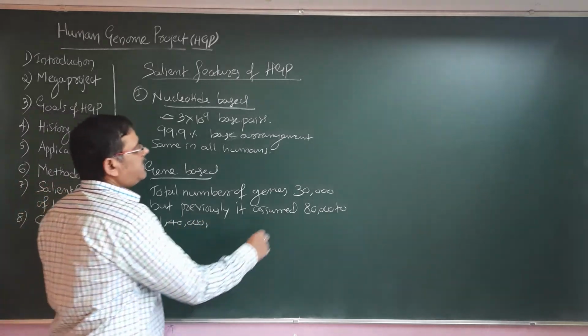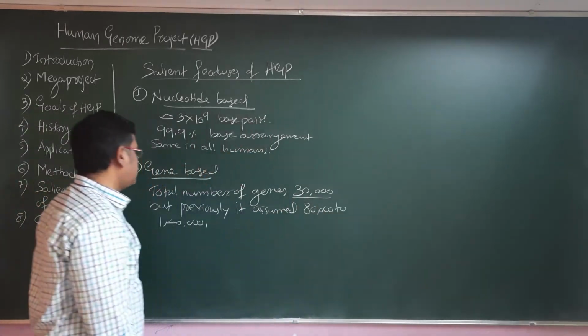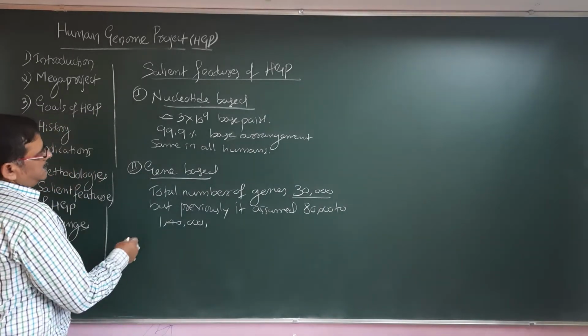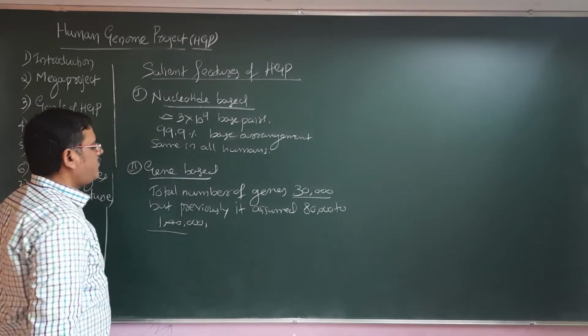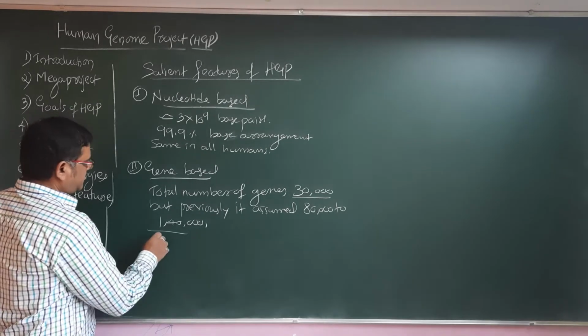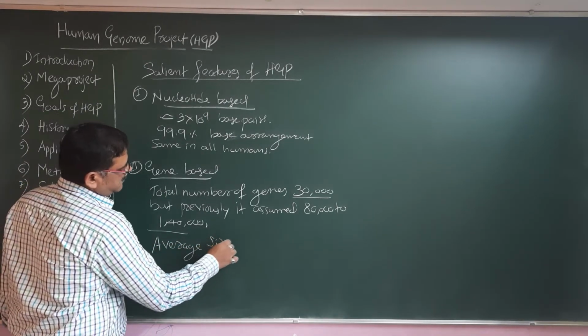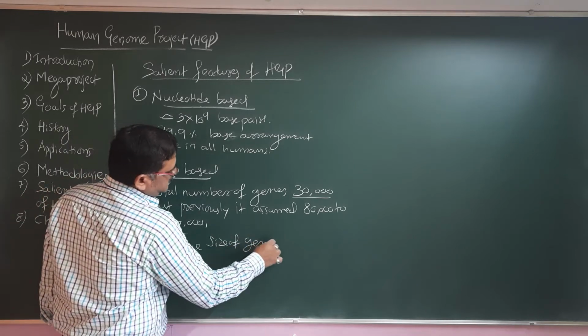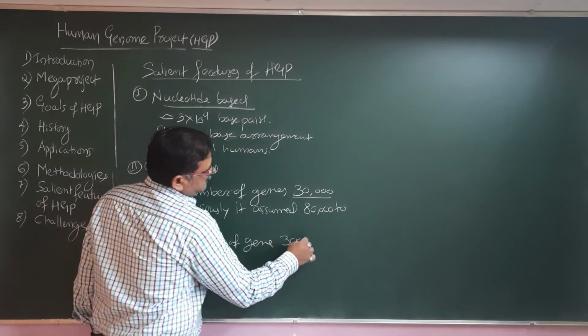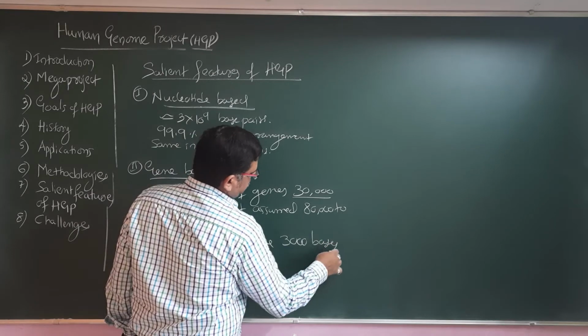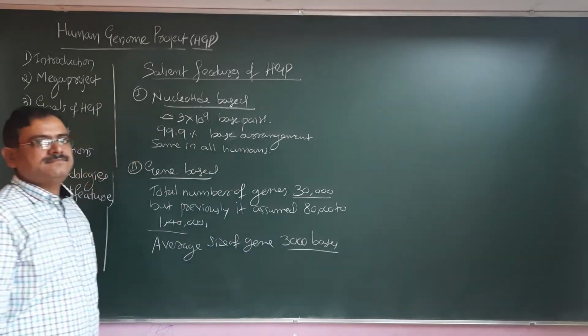In reality, the number of genes is only 30,000. One more important feature: the average size of the gene is 3,000 bases, this much only.